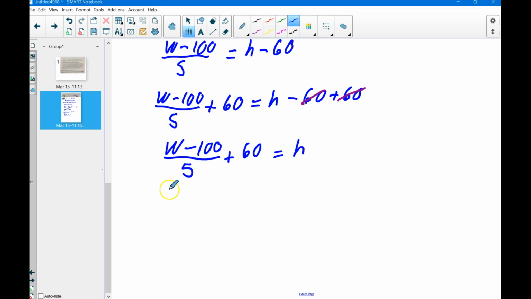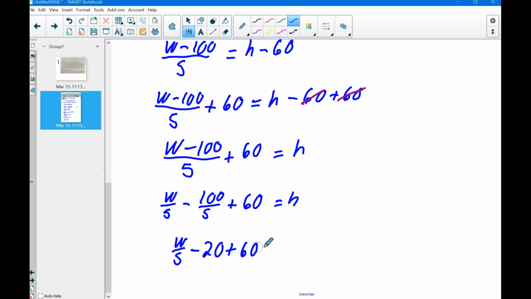We can go W over 5 minus 100 over 5 plus 60 equals H. This time we have 100 divided by 5, which gives us 20. So we have W over 5 minus 20 plus 60, excuse me, equals H.